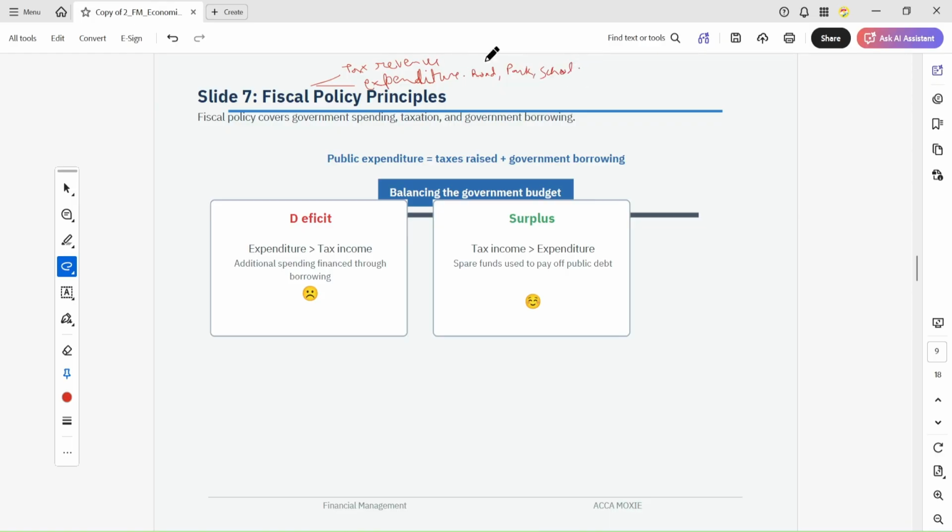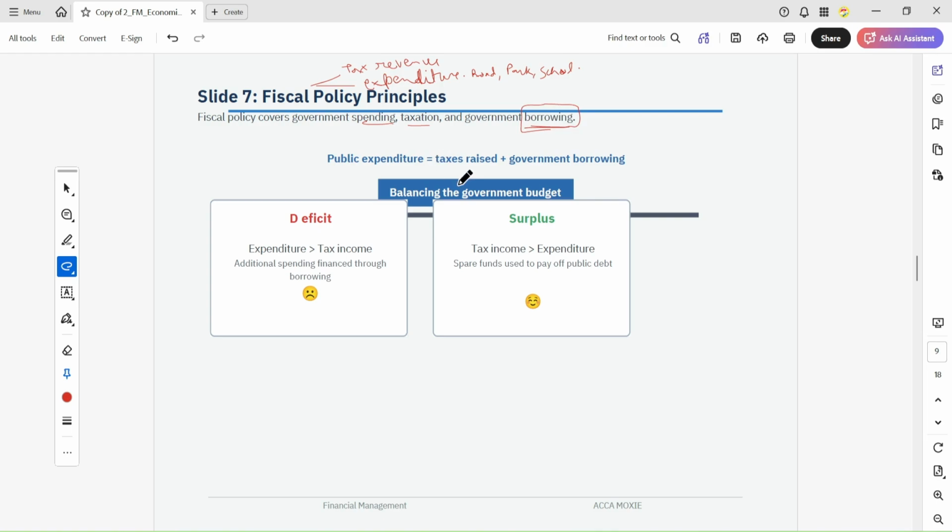These are the expenditures. So fiscal policy covers government spending, taxation, and government borrowing. Okay, borrowing, I will discuss this later.